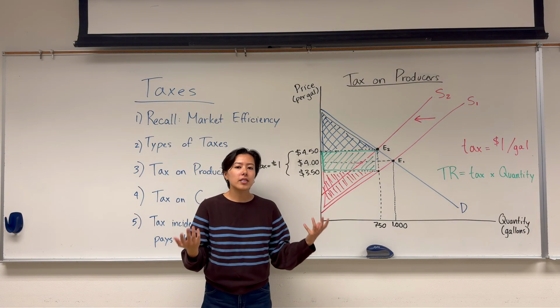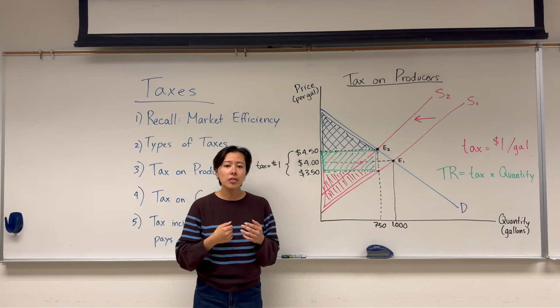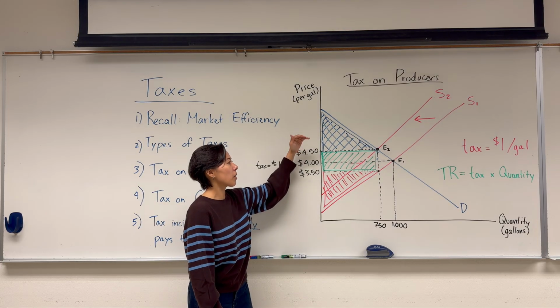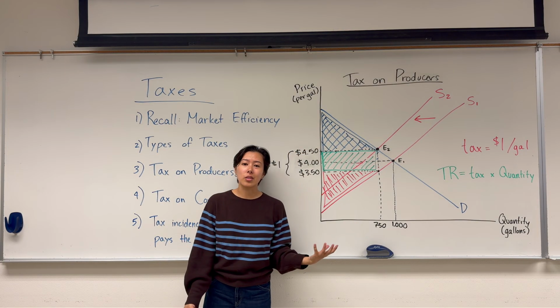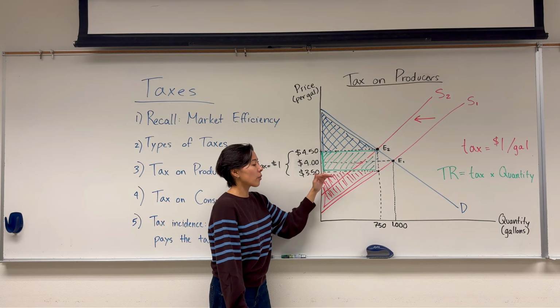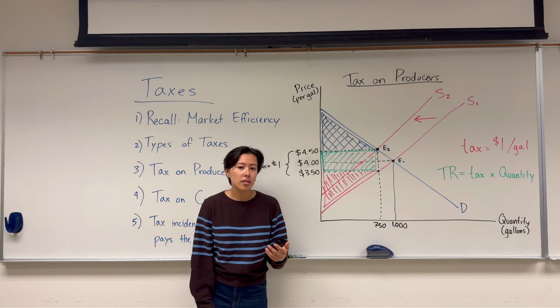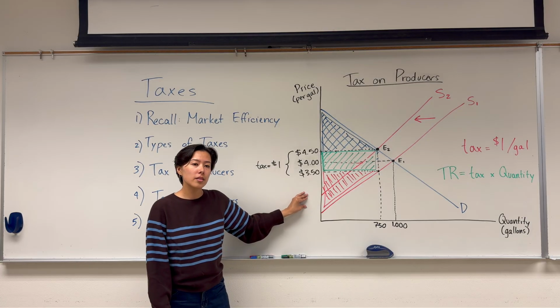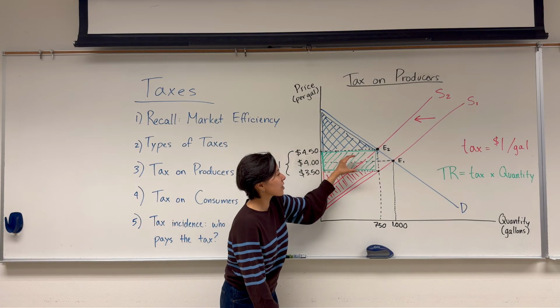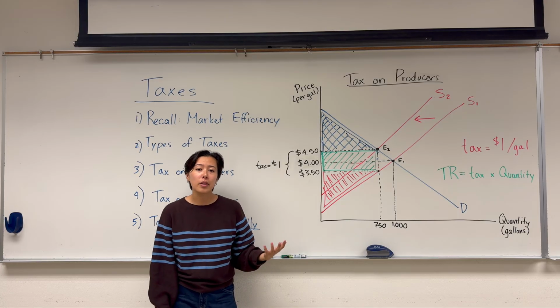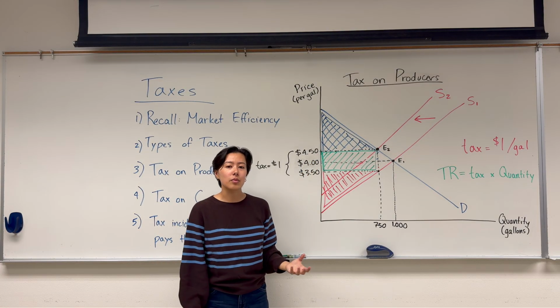All right, so when the government steps in and they put this tax on sellers, what they do is they raise the price on consumers. That reduces our consumer surplus. They lower the price received by our sellers. That reduces our producer surplus. And the government kind of wedges themselves into this market as a third player to collect some tax revenue.